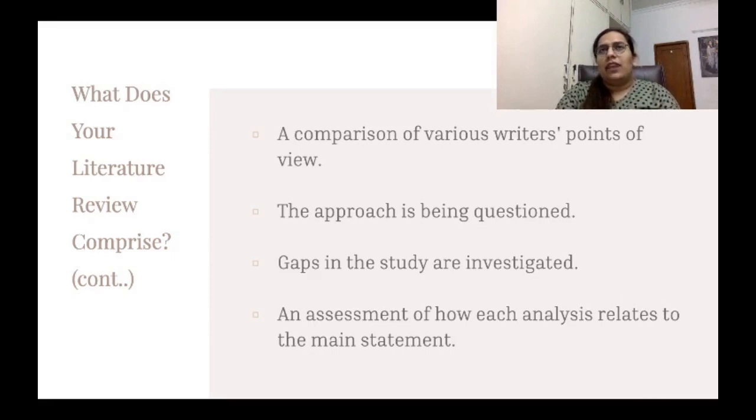Sometimes the researchers say I used 10 samples or 15 samples, but a good result can be predicted after 50. That kind of scenario would be helpful for you, because that person has already told you that 10 or 15 results would not give a proper, good answer. So the assessment of how the analysis relates is the main statement.